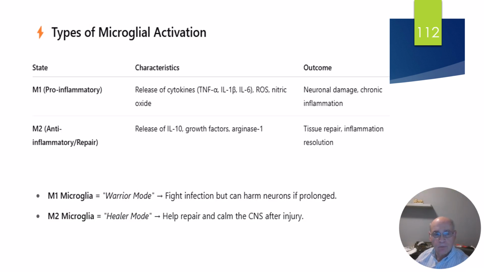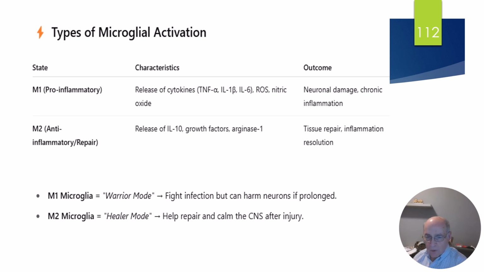So M1, pro-inflammatory, the outcome will be neuronal damage, chronic inflammation. You can see the cytokines that are released, reactive oxygen species and nitric oxide, whereas M2 is anti-inflammatory and repair. So you're releasing growth factors and you're leading to subsequent tissue repair.